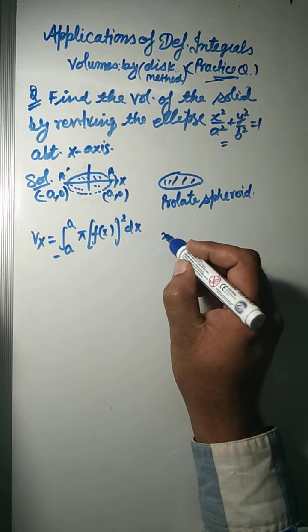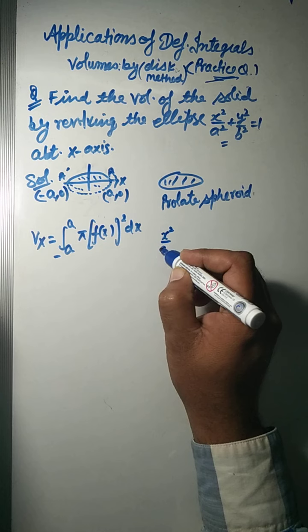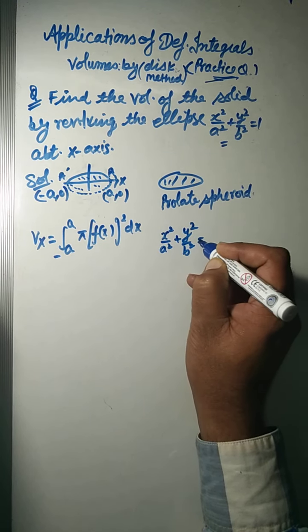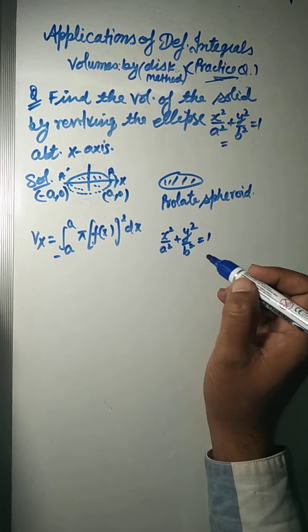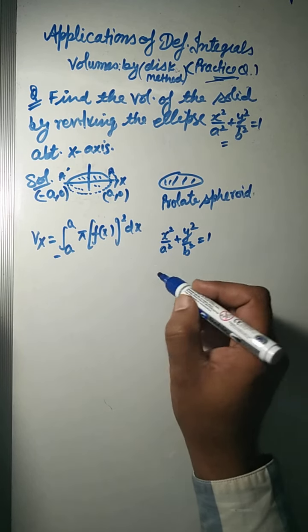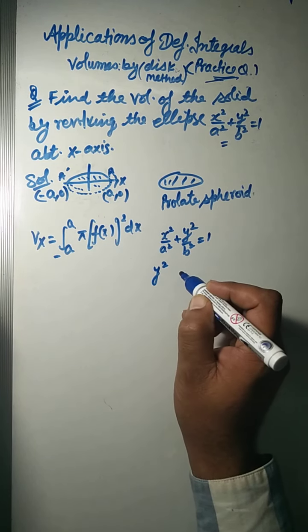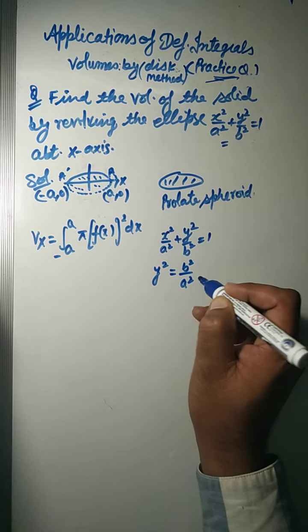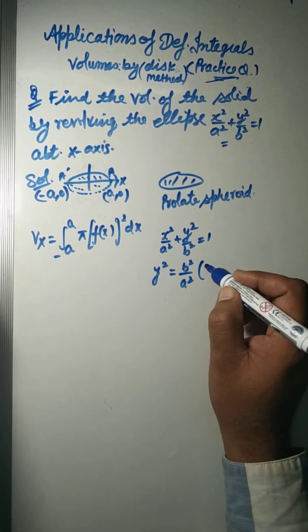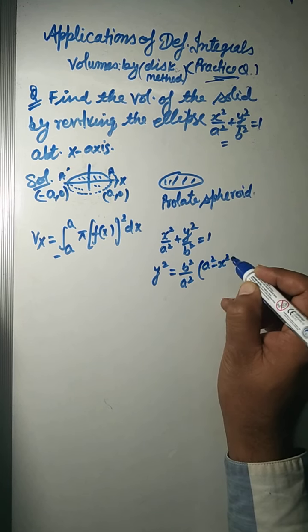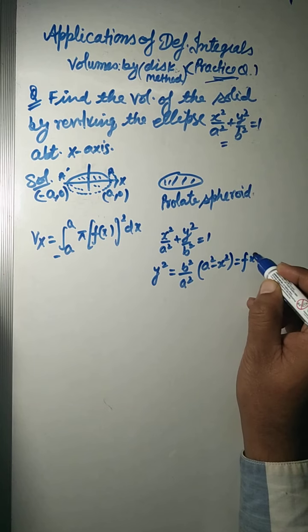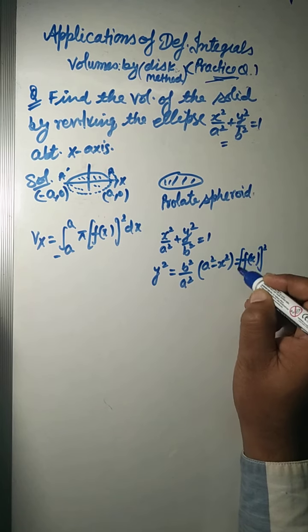Here x squared upon a squared plus y squared upon b squared equals 1. After simplification, we will obtain y squared equals b squared upon a squared times a squared minus x squared. So we can say this is f(x) whole squared.